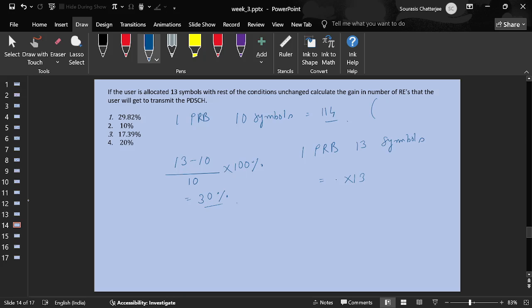One PRB means how many subcarriers? 12. And is that all, or do I need to do some subtraction? 6 is reserved for pilot transmission, so it should be minus 6, so that would come out to be 150. So earlier I had 114, now I have 150. Let's see that.